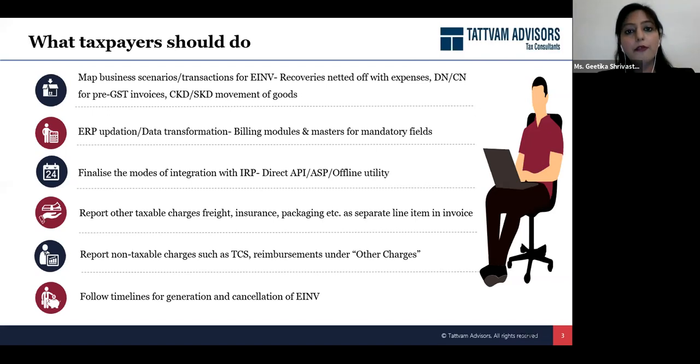For example, if there are any recoveries which you are making from any of your suppliers, in some of the cases we have noticed that these recoveries are not separately shown as a revenue item on the balance sheet or a P&L item. They are shown either net off as an expense, or a separate expense item is shown. So sometimes you miss generating an e-invoice for those transactions.